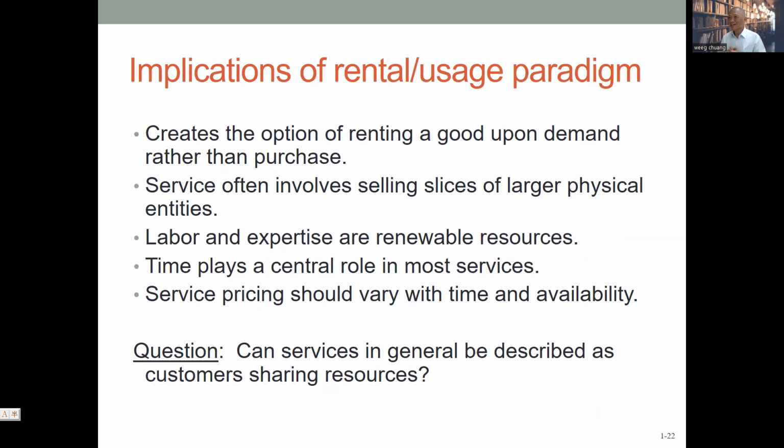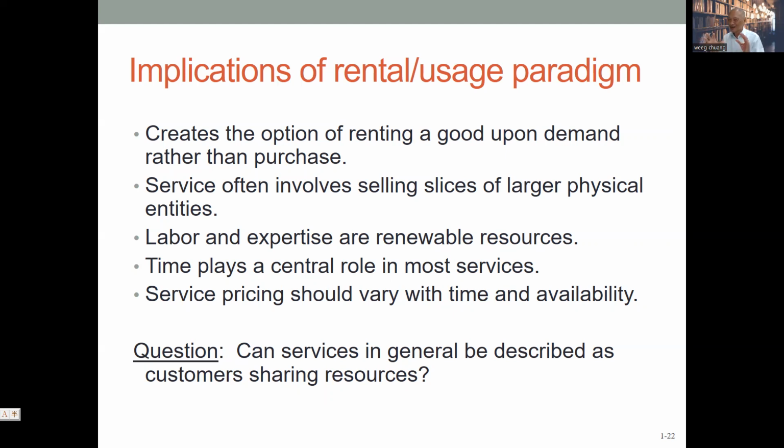And for the non-ownership services, let's think about the implications of the rental or usage paradigm. The first one is that it creates the option of renting a good on demand rather than purchase.